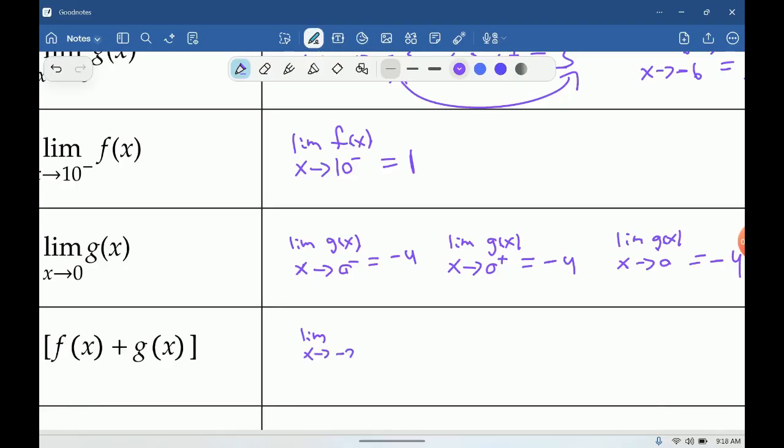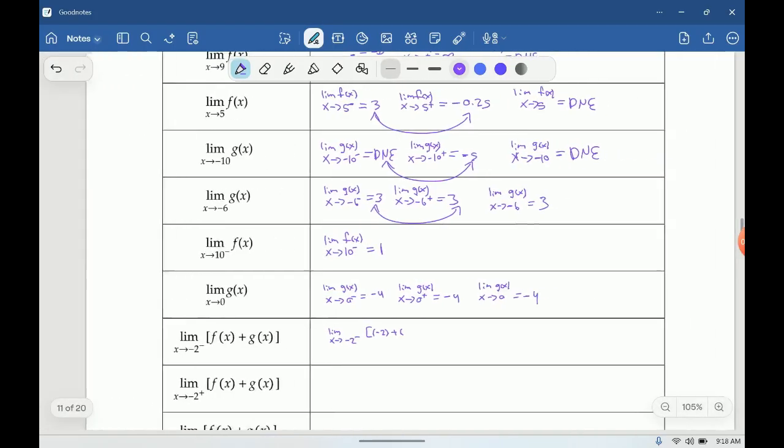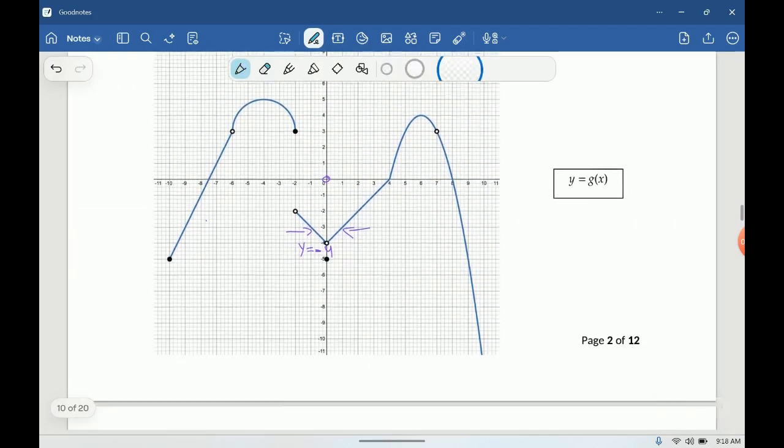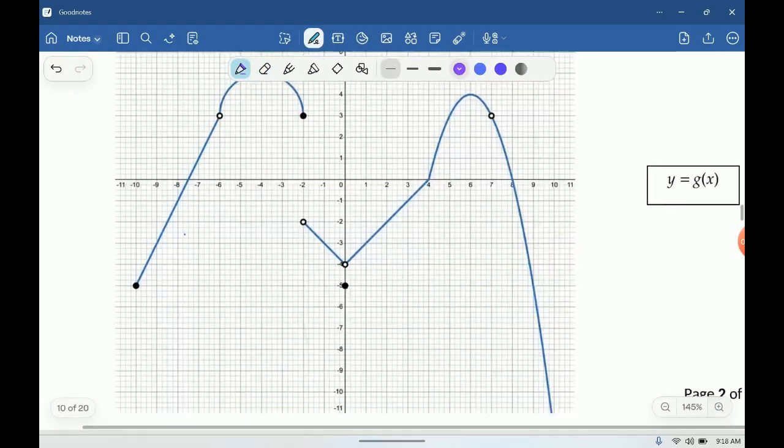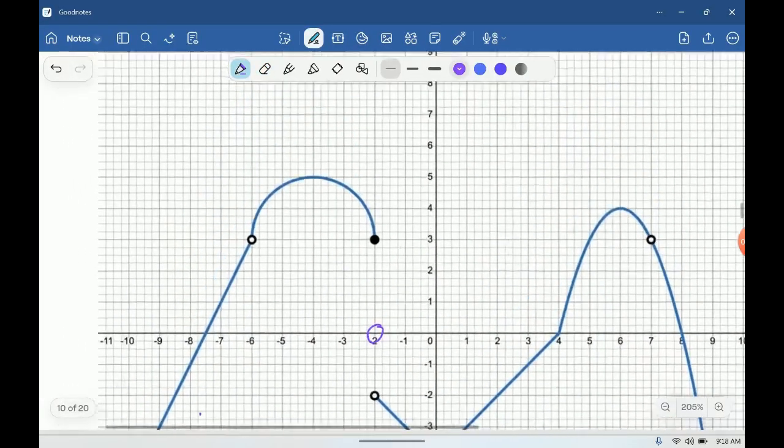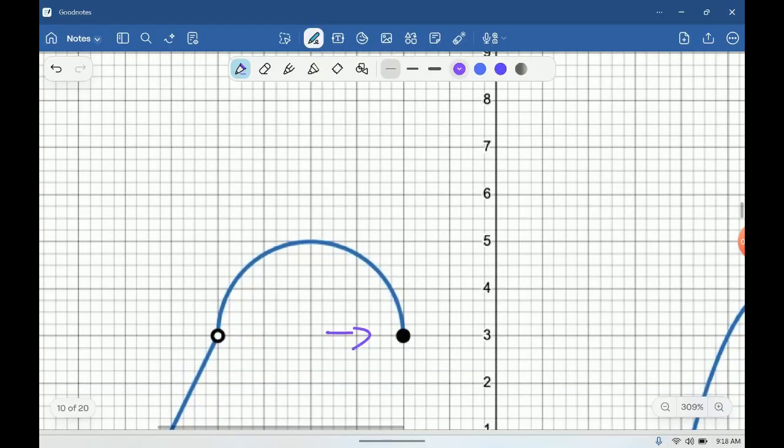As it approaches -2 from the left, for the f of x is going to be -2 plus, we're going to go back to our graph of g of x, and we're going to find -2, which is going to be right over here. We only care about the left side, so we're going to look at this one, and we can see it meets at y equals 3.